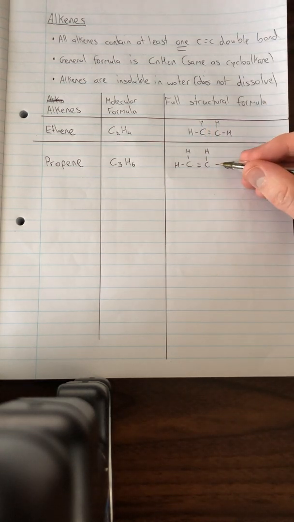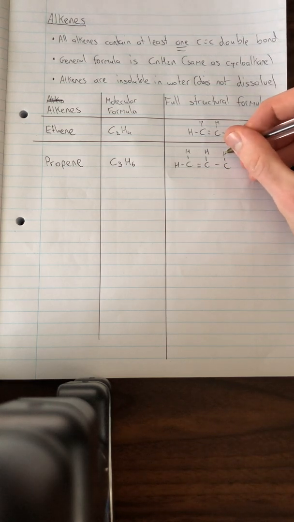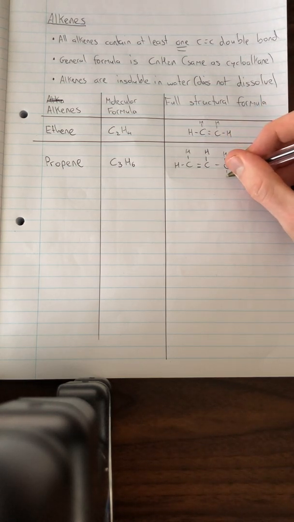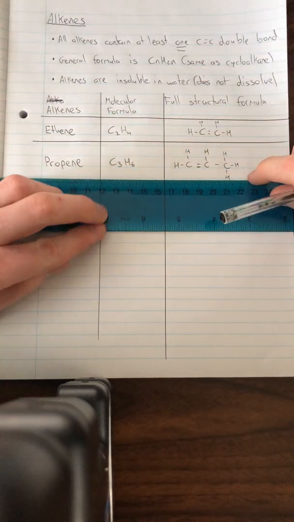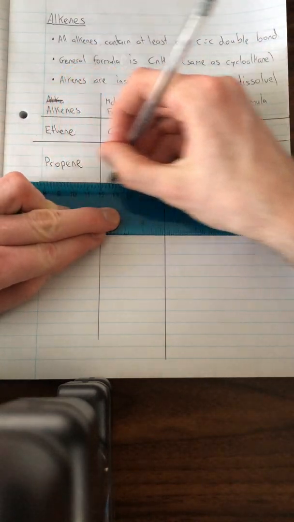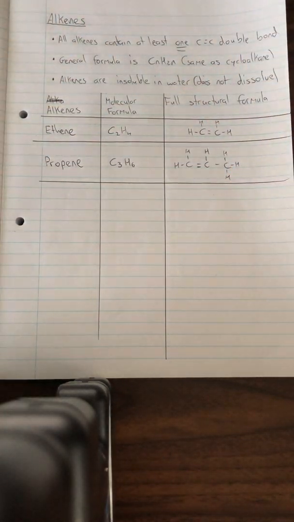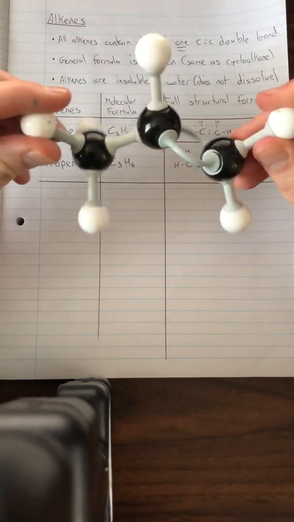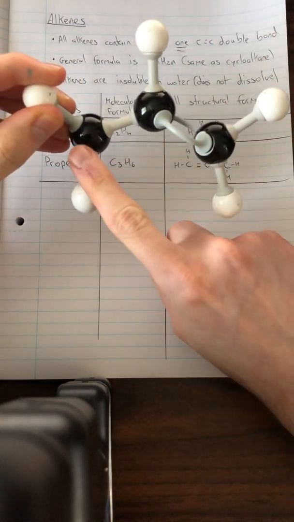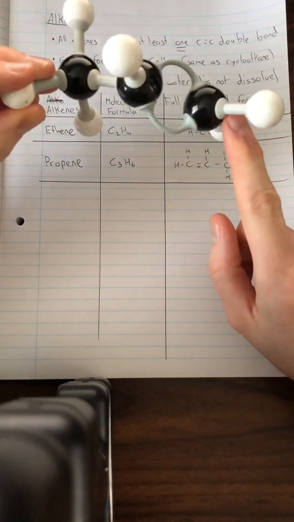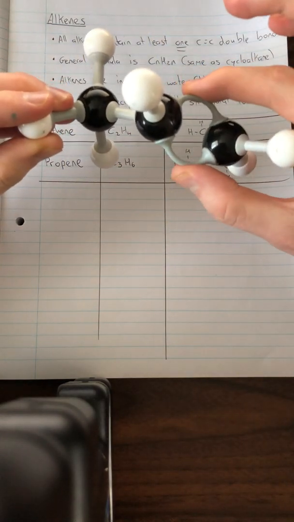And then this one has got 1 bond coming out it, so that must have 1, 2, 3 bonds coming out it, like so. Right, now here is a propene molecule. So obviously the black ones are carbon, so we've got 1, 2, 3. We've got our double bond, which is here, yeah.